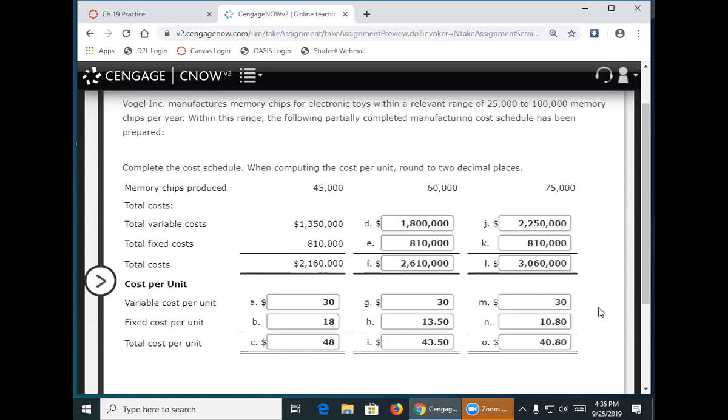So this is the beginning part of cost volume profit analysis. We're looking at just costs and how to set that up, and looking at what our cost structure is under different levels of production. But the production department is going to come back and say what we're able to produce, because we may not be able to produce 200,000 units in a month.